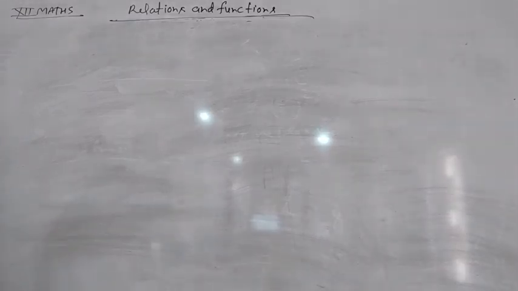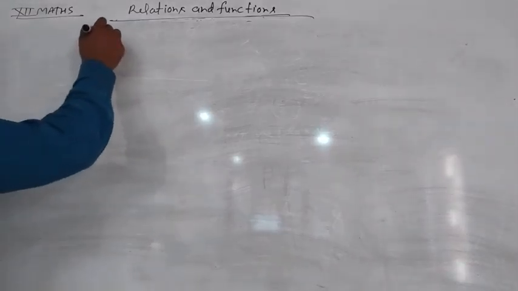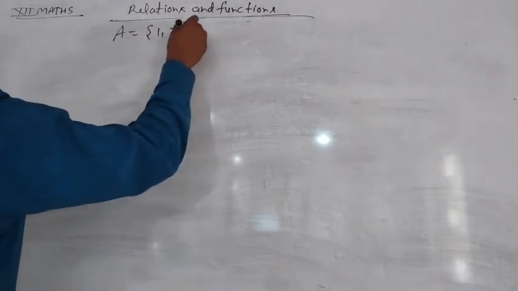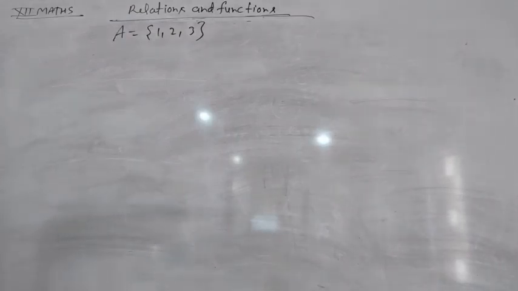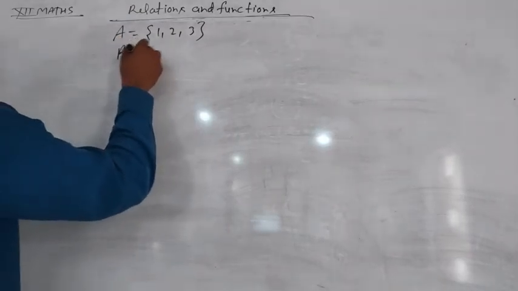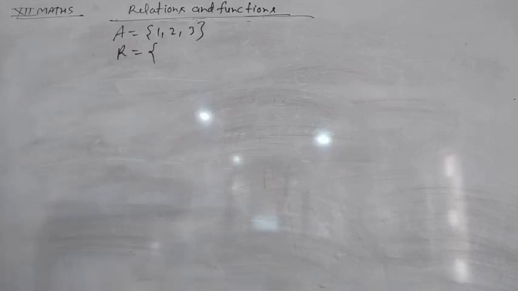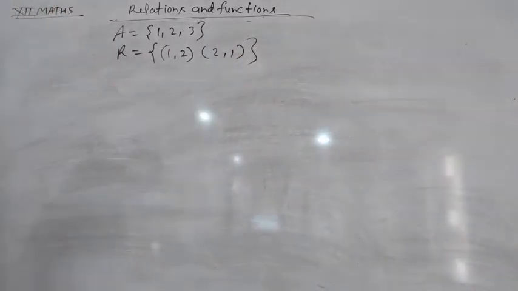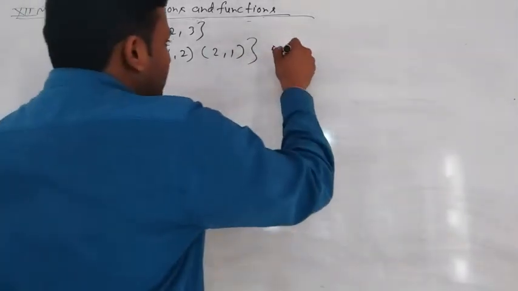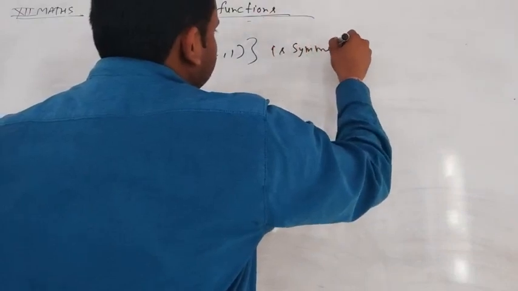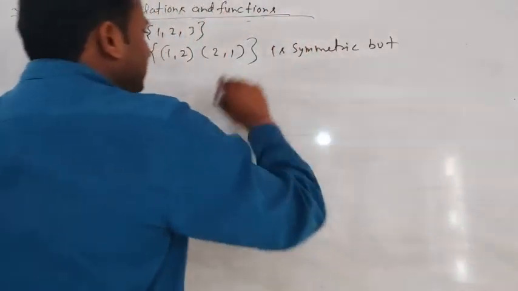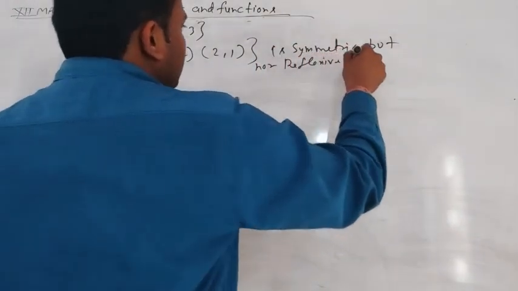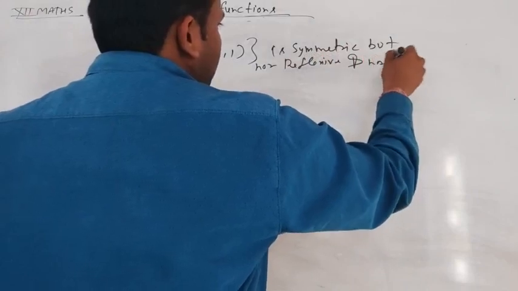So students, our next question is: show that the relation R in the set A = {1, 2, 3} given by R = {(1, 2), (2, 1)} is symmetric but not reflexive and not transitive.